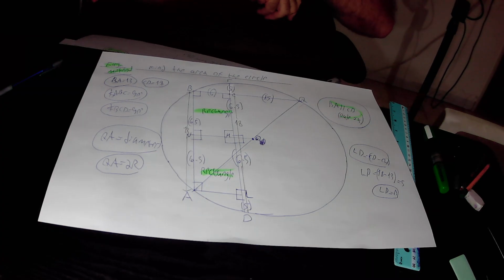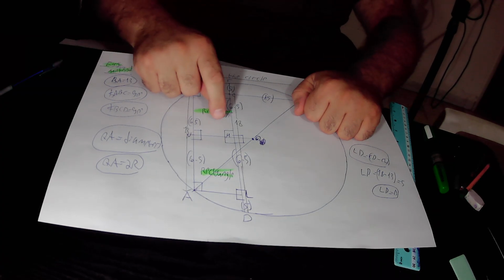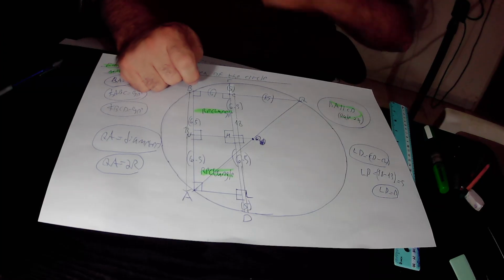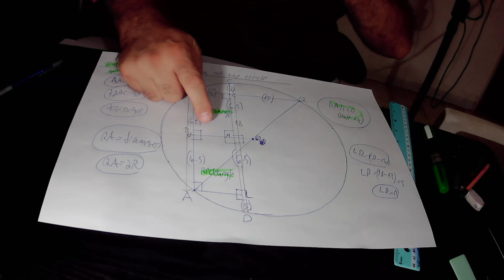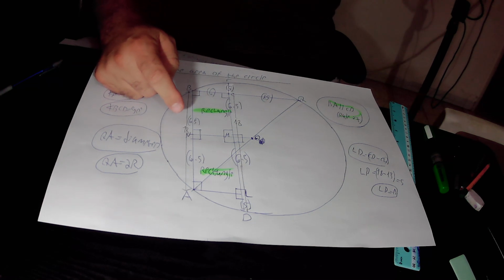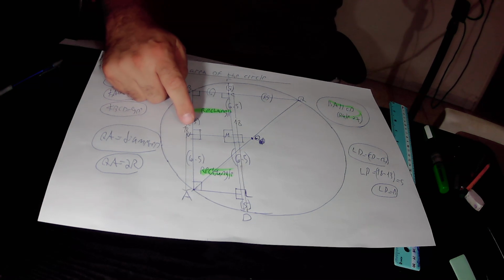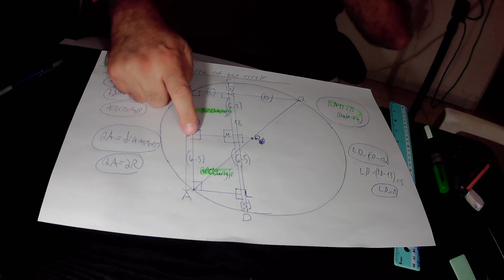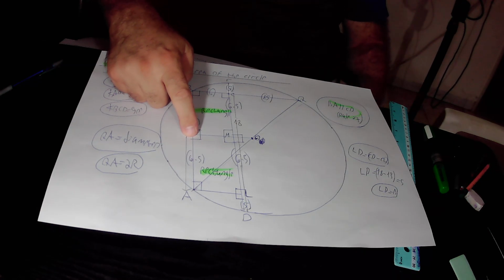By doing this construction, we can do quadrilateral MNLA. In quadrilateral MNLA, this angle equals 90 degrees. This angle is also equal to 90 degrees according to our construction.